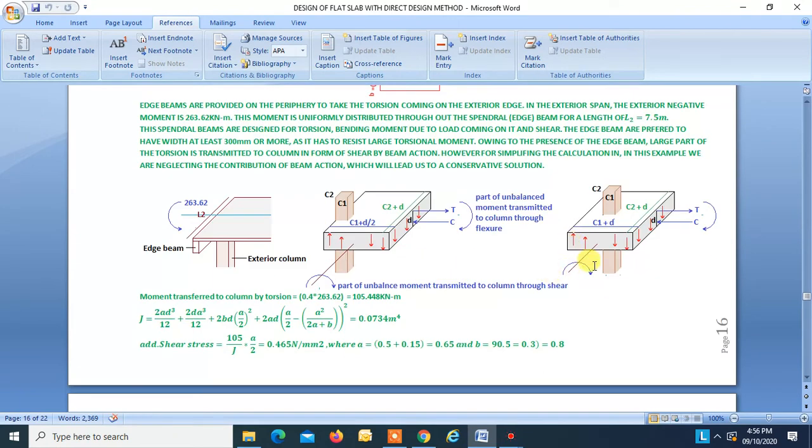You can see there's a torsion over here, an imaginary torsion member, and it produces shear over here. So this torsion will produce shear, and the remaining moment will be transferred to the column through shear. And here we have to add to the actual punching shear stress. We will see that.